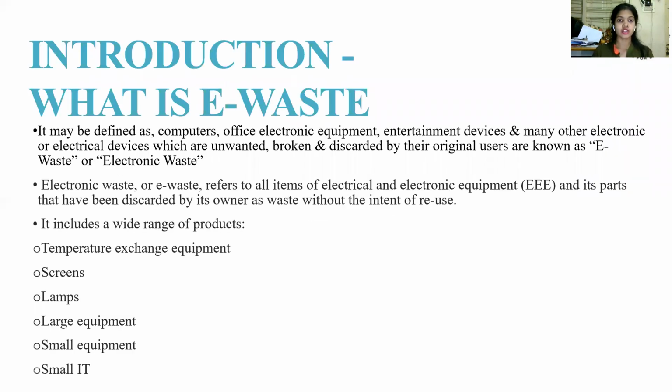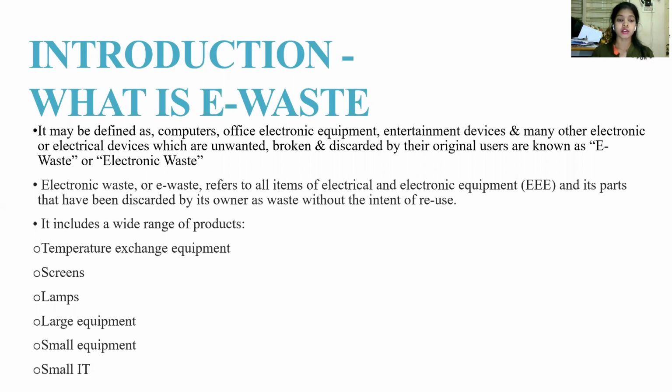So, what actually the e-waste is, that can be defined as the computers or office electronic equipment, entertainment devices, and many other electronic devices, such as which are unwanted, broken, or discarded by the original users are known as e-waste or electronic waste.